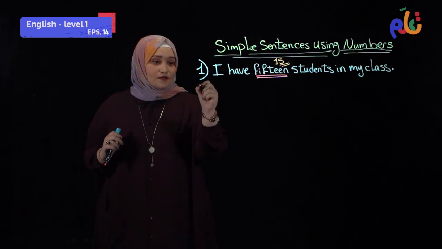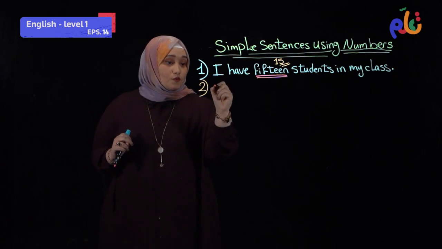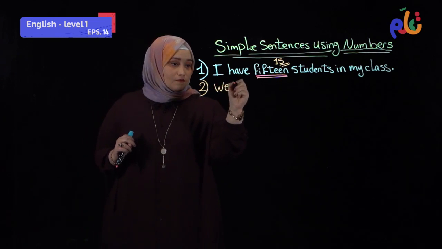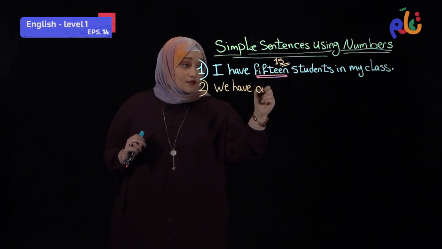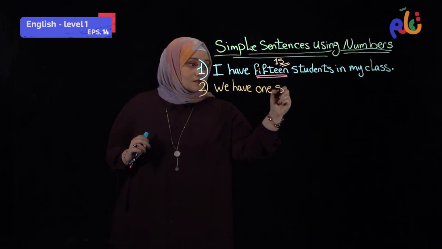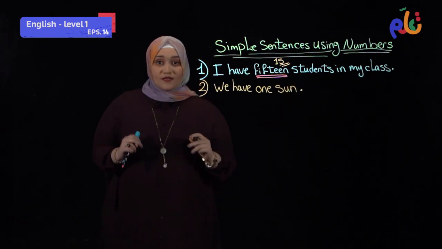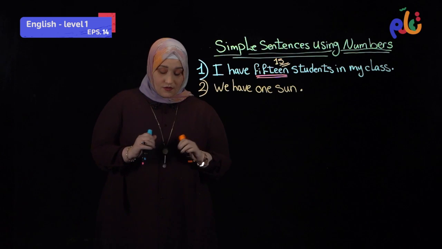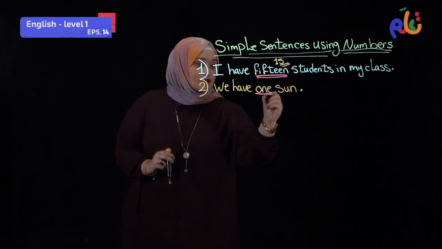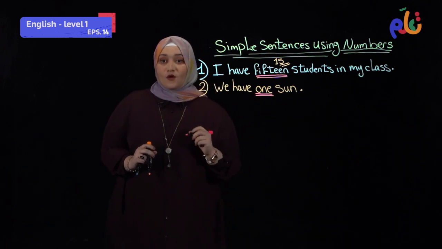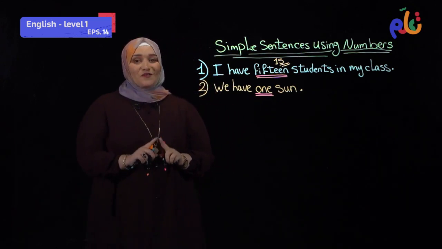Now, let's write another sentence. And I will say here, we have one son. We have one son. Now, the number I used in this sentence is one. And I do not write one with a W. Always remember that.